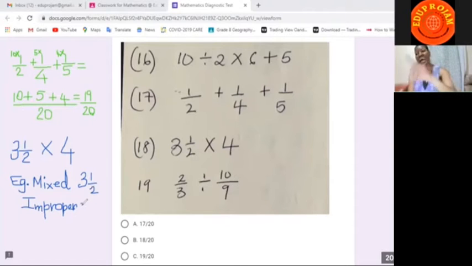So I'm going to be writing 2 times 3. That's the denominator multiplied by the 3, the whole number, plus the numerator, which is 1, all over the denominator.